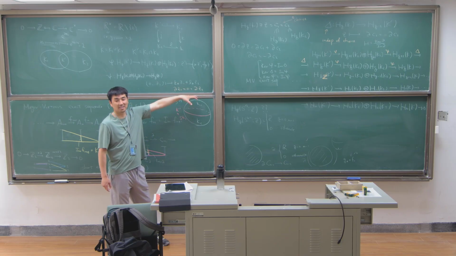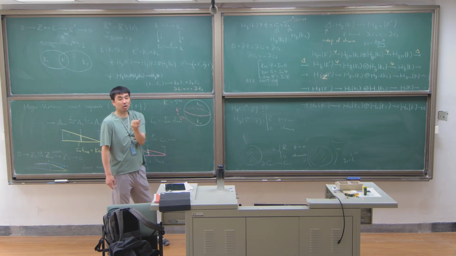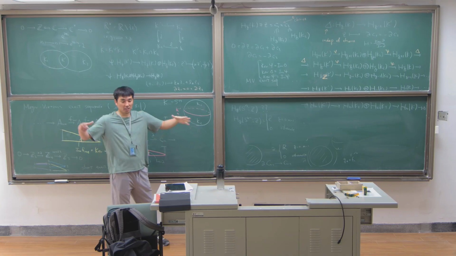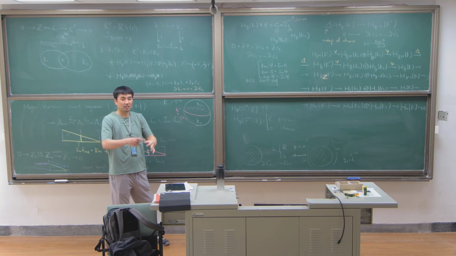K1 is just a disk, right? So it's just a disk. It's a contractible space. A disk is contractible, right? So it's the same as Rn. So you can use the Poincare lemma.